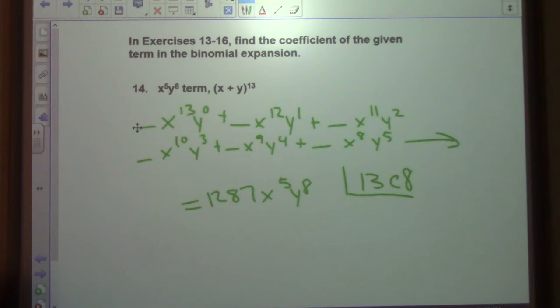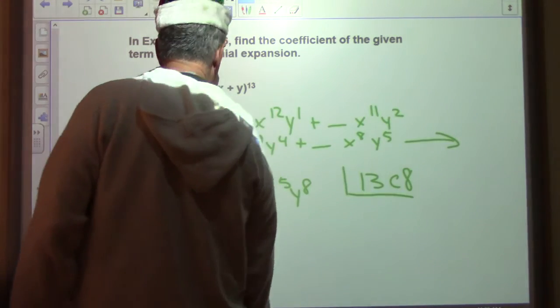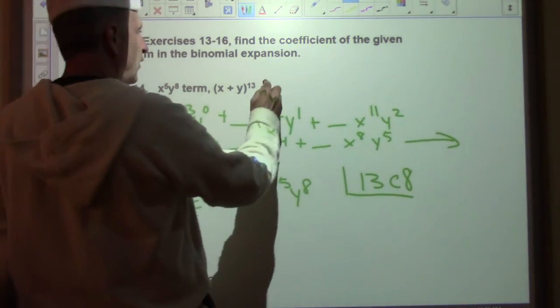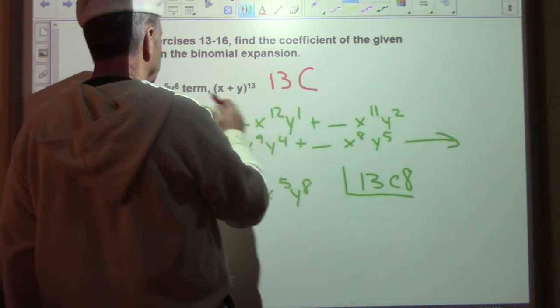Is that what you got, 1287, is that right? Yes. Don't you have to not go all the way through? Couldn't you just go to x to the 8, like you said? Yeah, that's what I said. So what you're gonna do here is 13 choose 8.